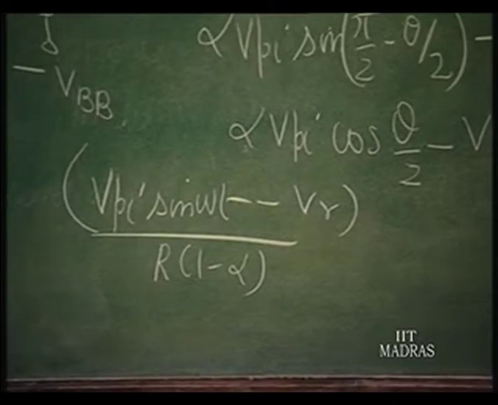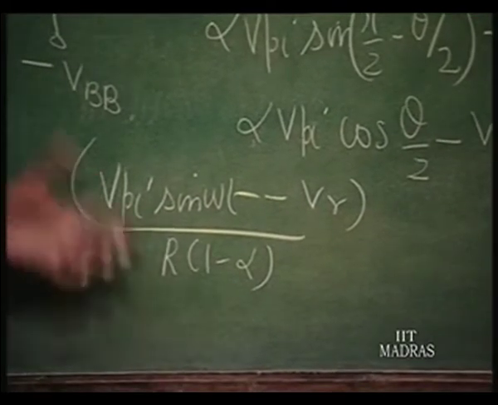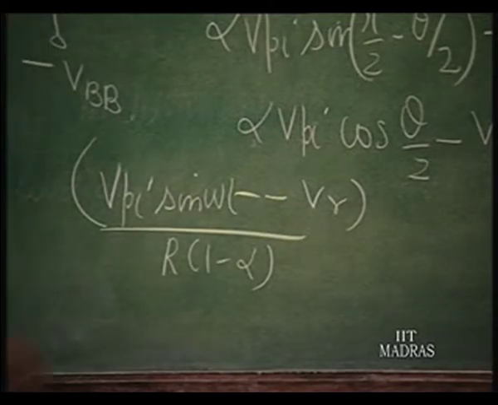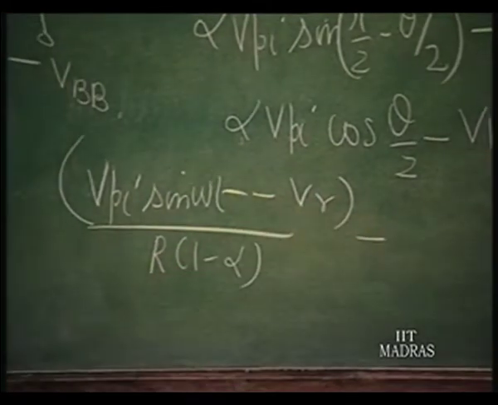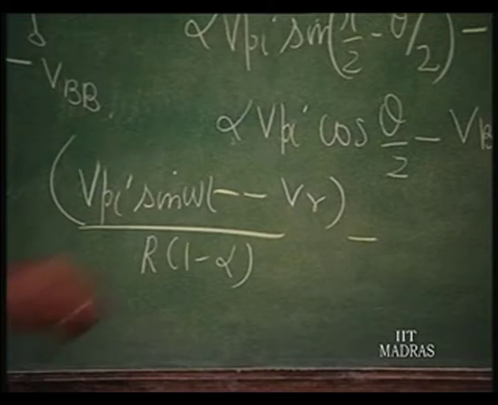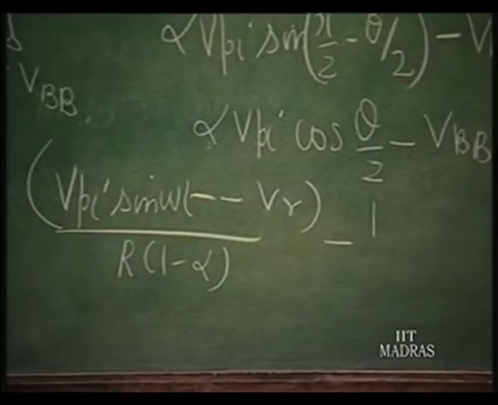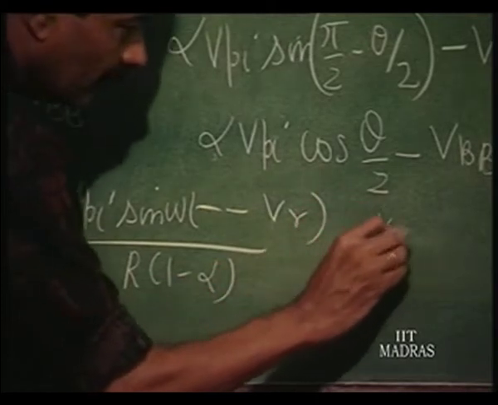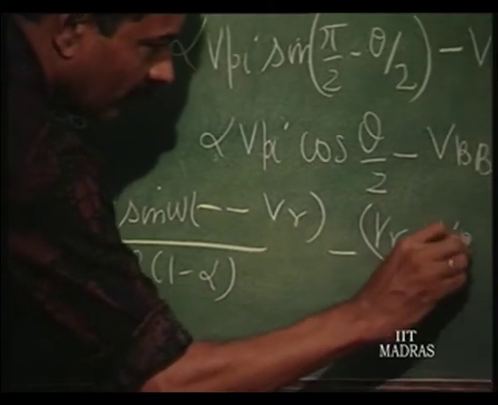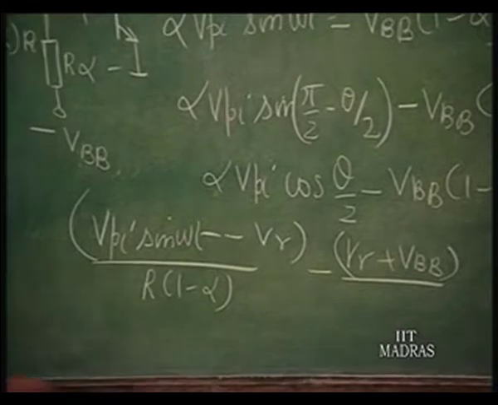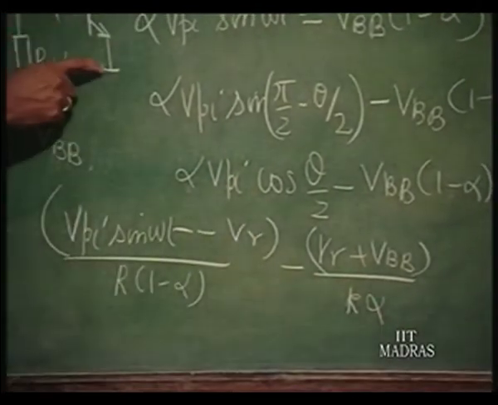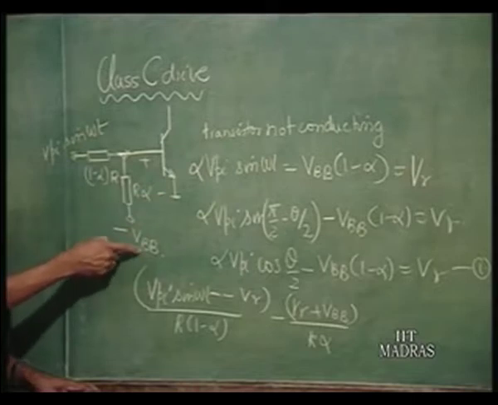This is the current that is driven in, minus, obviously there is a certain amount of current, a constant current, that is removed: V gamma plus Vbb divided by R alpha.